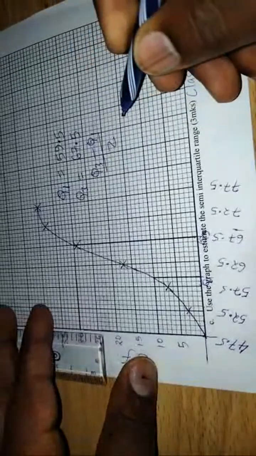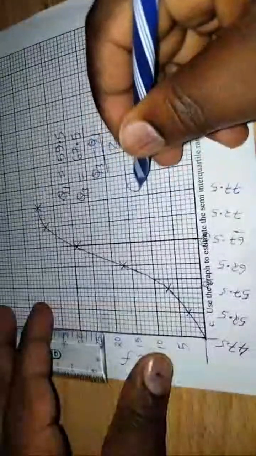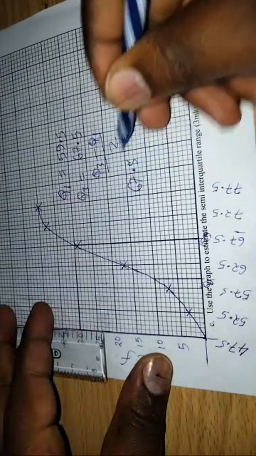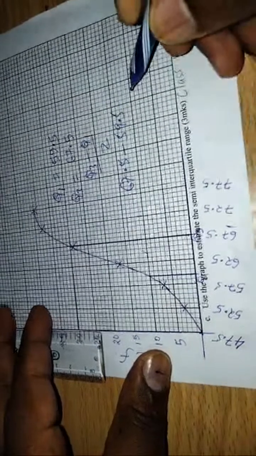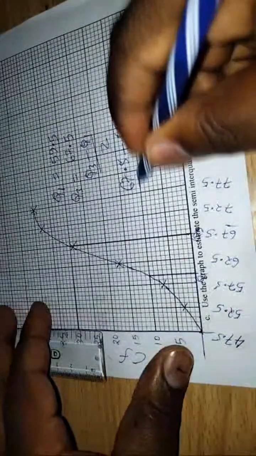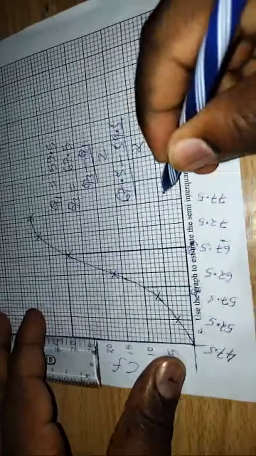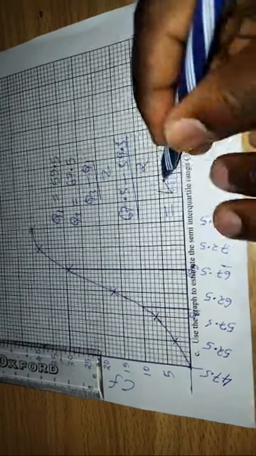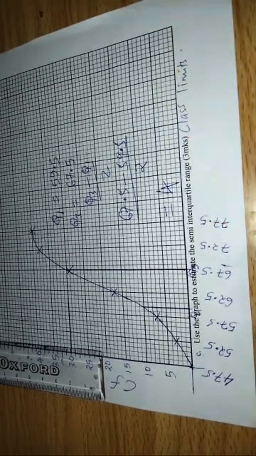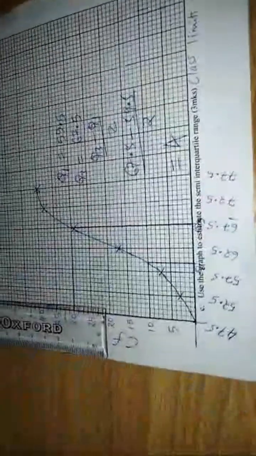Therefore, I'll take my 67.5, subtract 59.5, then divide by 2, and I'm getting exactly 4. Therefore, the semi-interquartile range of this data is exactly 4.